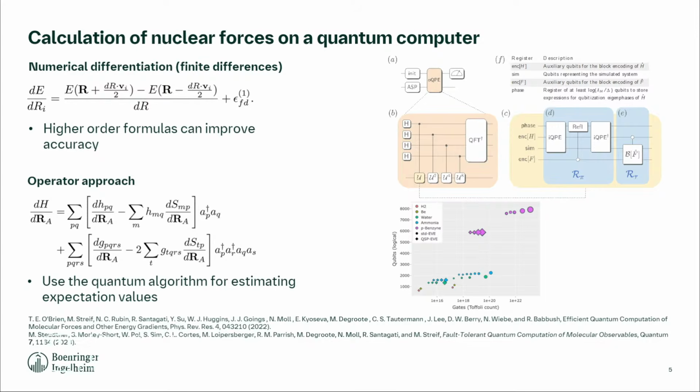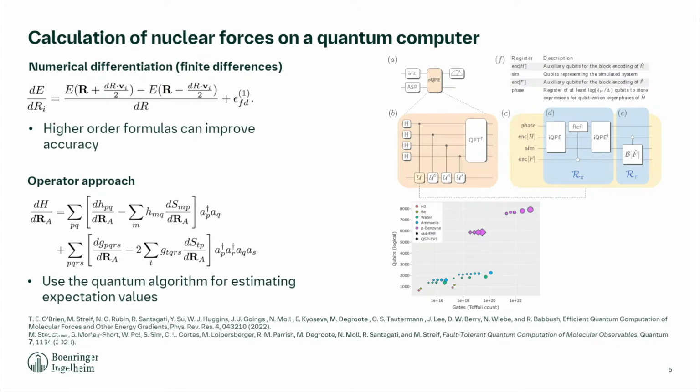This is just a second order finite difference, but you can do higher order formulas as well. And this is like a loop over many calculations of an energy. And you need to do this for each of your nuclei. So if you have many nuclei, this gives you a number of nuclei scaling in everything, right?